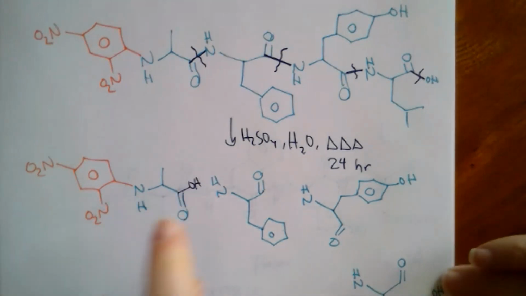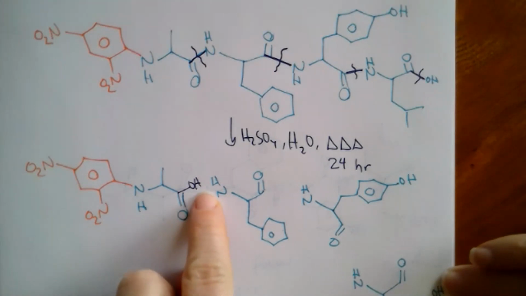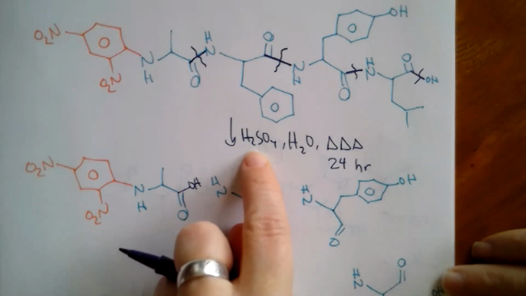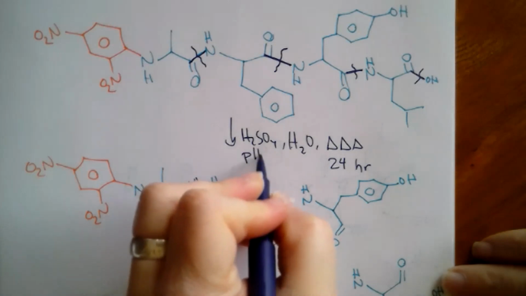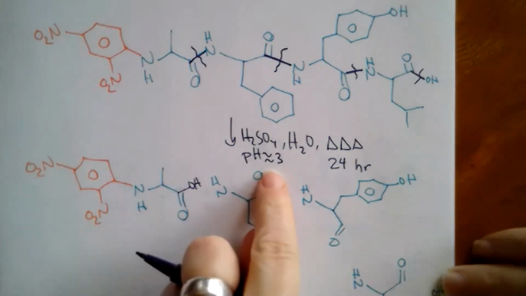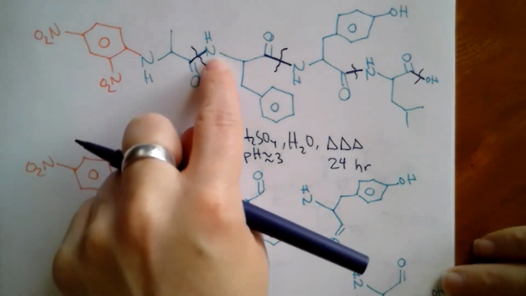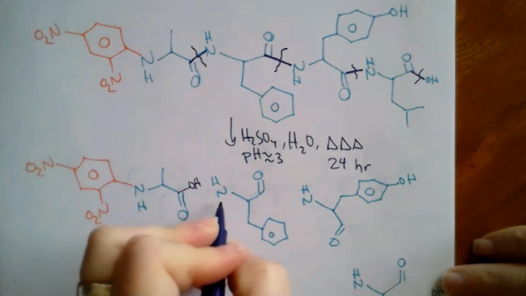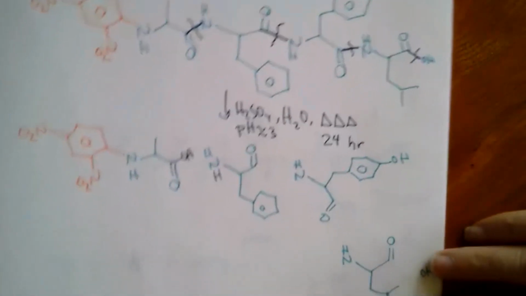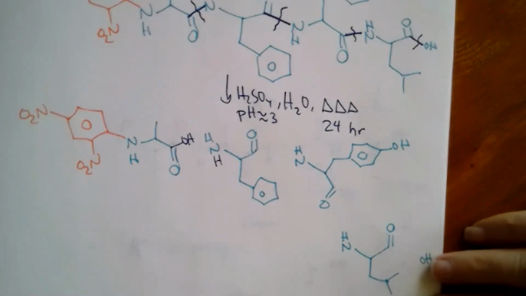But wait, because I'm creating a carboxylic acid, I have to double check my conditions to decide what's the probable pH of the solution. So with a low pH, should that carboxylic acid be with an H, without an H? With an H.